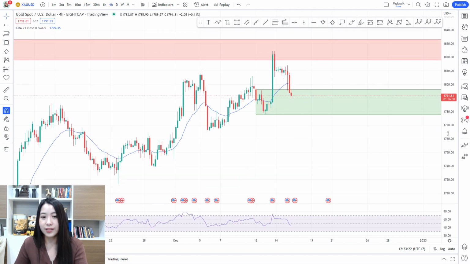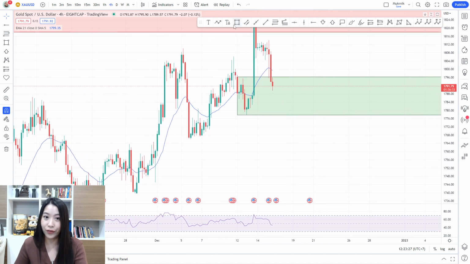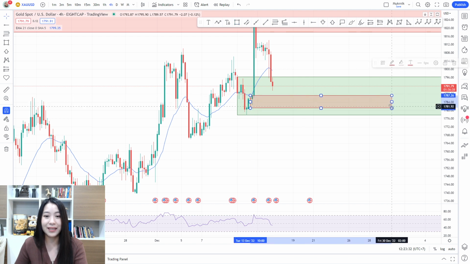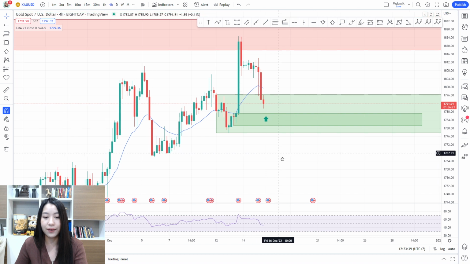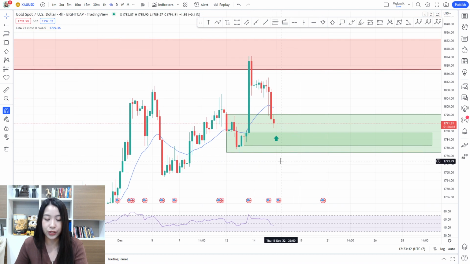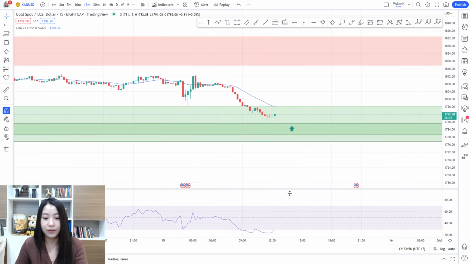So let's go to the 4 hours time frame. In the 4 hours time frame, we have our demand zone here that I talked about yesterday as well. Can we go for a buy here? Yes, we can. However, I would suggest you wait for the confirming signals. This is the zone in the 4 hours time frame, so I would drop down to the 15 minutes time frame for the confirming. Is it confirmed now? Nope.